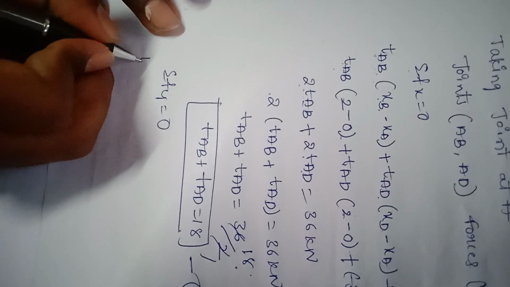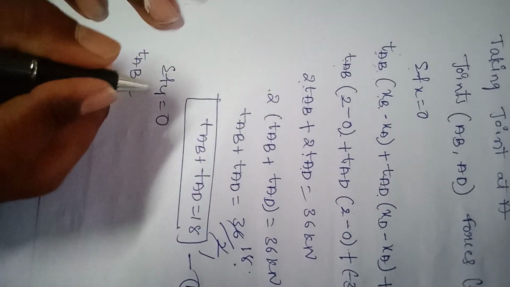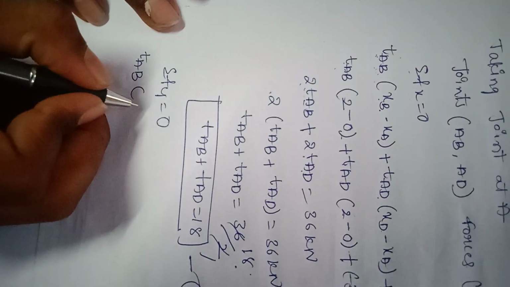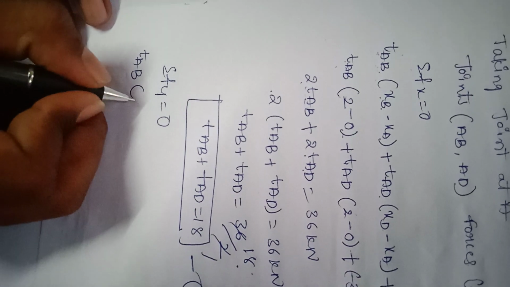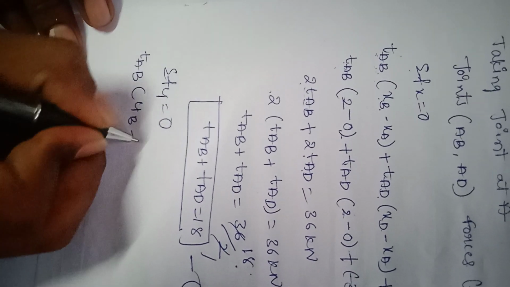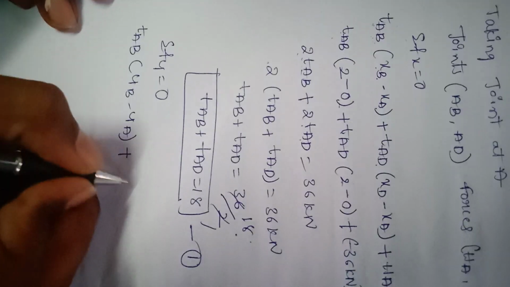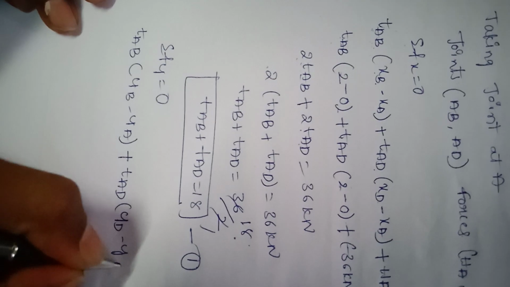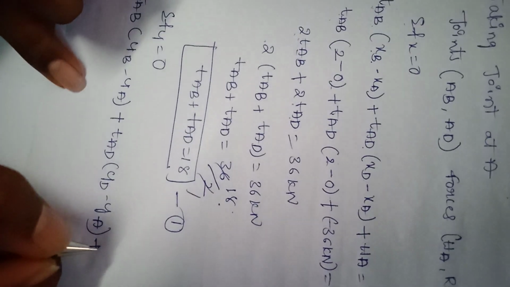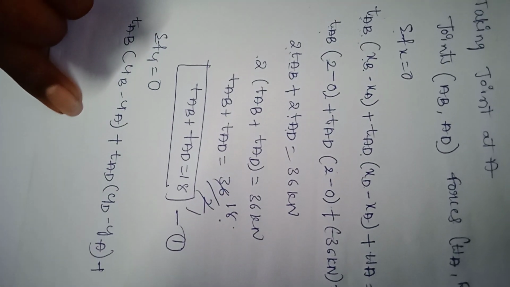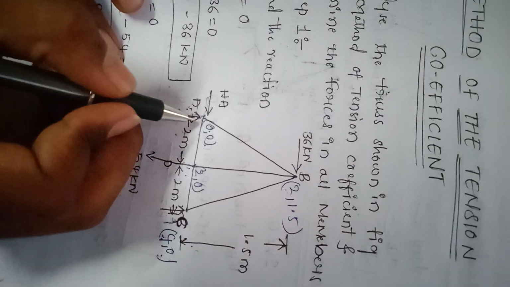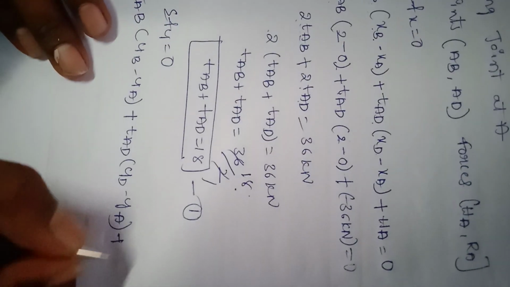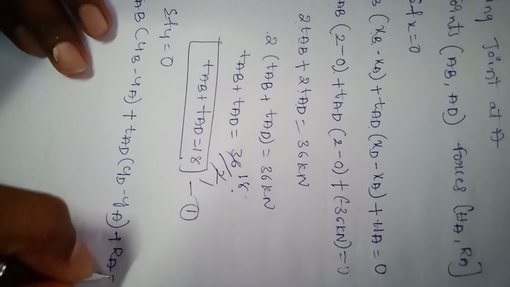Therefore tension in member AB into YB minus YA, plus tension in member AD into YD minus YA, plus the vertical force acting at joint A, that is RA, equals 0.